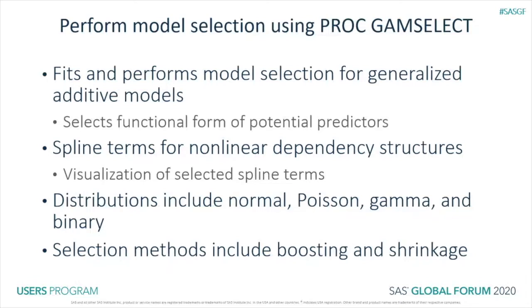So is this going to be quadratic, cubic, etc.? You don't necessarily know. You don't have to worry about it. GAMSELECT will figure that out for you. In addition, it will provide graphs which will allow you to see what these distributions and functions look like. The default method in GAMSELECT is boosting, but there's also the shrinkage method available for model selection if you wish to use it.